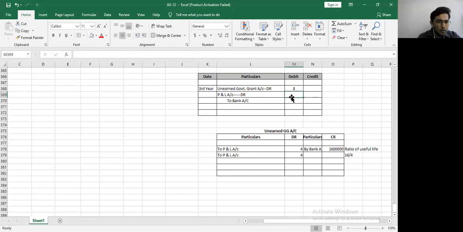So how much more do you need? 8 lakhs. That extra 8 lakhs that fall short will come from the profit and loss account. To bank account, we will refund 16 lakhs.